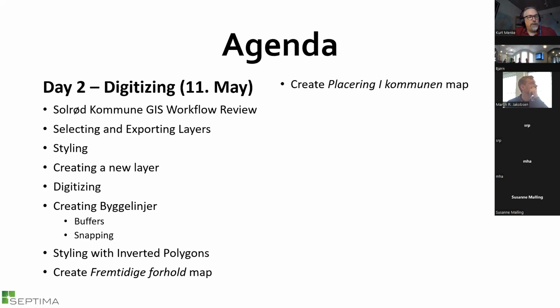And then we'll finish up showing another nice styling trick that can be useful for the front page of a plan, to highlight where the plan is located. And then we'll finish up with Placering i Kommunen to show you how to make that map that shows where the plan is located within the Kommune.